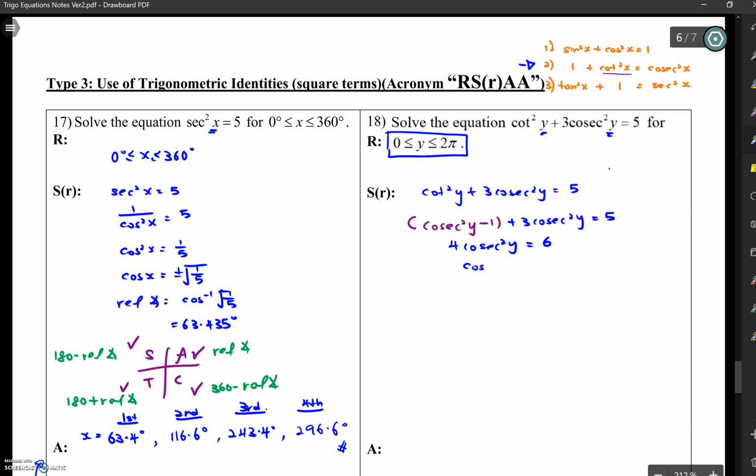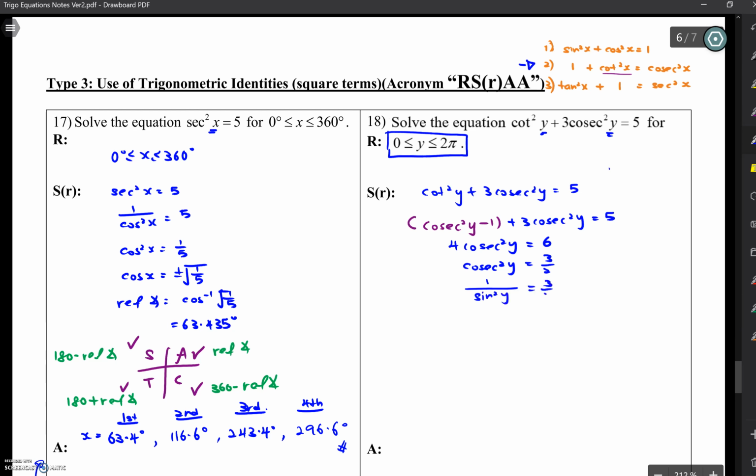Same thing, I want to make my trigo the subject. So 6, I bring the 4 over, 6 over 4 will be 3 over 2. I can do cosecant, but can I change it to sine, cosine, or tangent? Cosecant is actually equal to 1 over sine, so 1 over sine square y is 3 over 2.